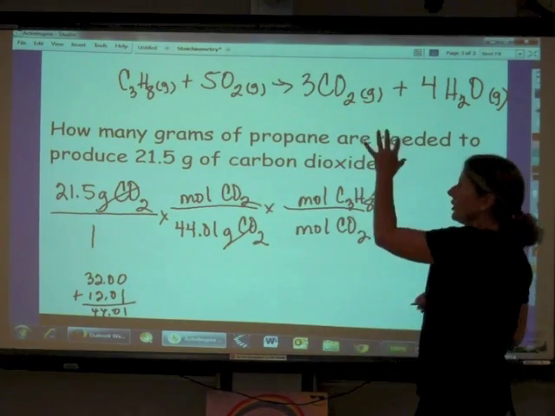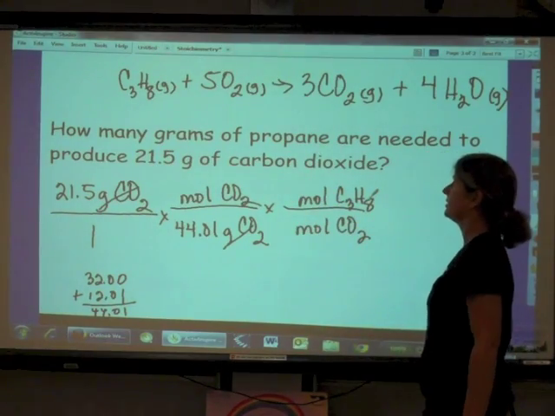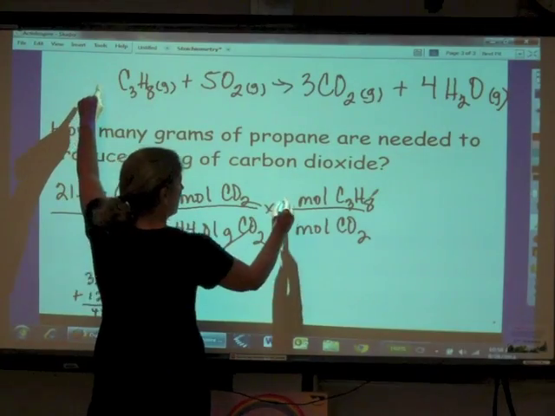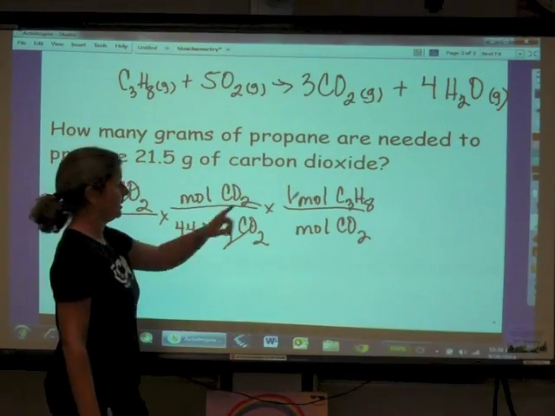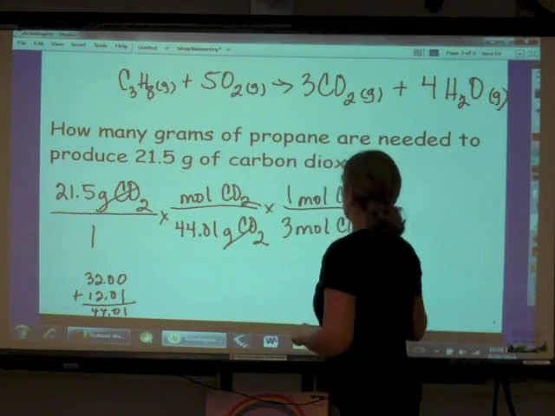And then we're going to go to our balanced equation to figure out what the actual numerical ratio is. That means that for every 1 propane, how many CO2s do we make? We make 3. Great.